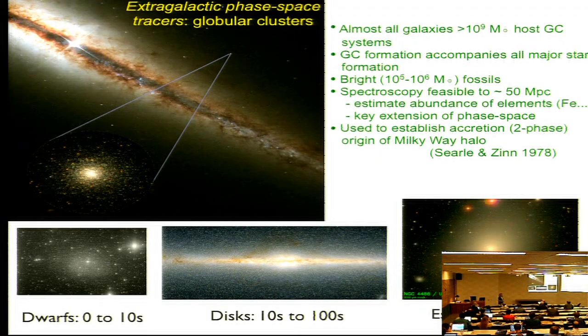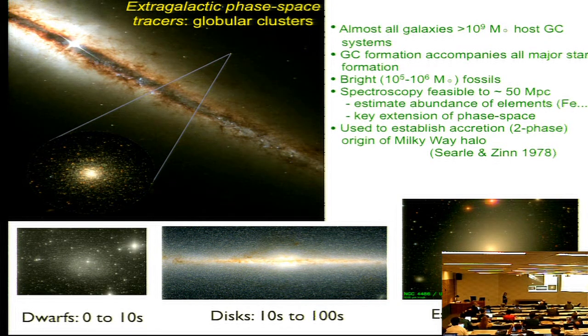And I'm going to give you a bit of background about globular clusters and why they're so great for unraveling the star formation and assembly histories of galaxies. Basically because virtually all galaxies have a retinue of globular clusters. The premise is that globular cluster formation accompanies all the major star-forming episodes in a galaxy's history.